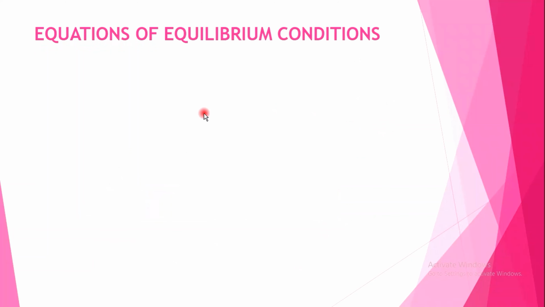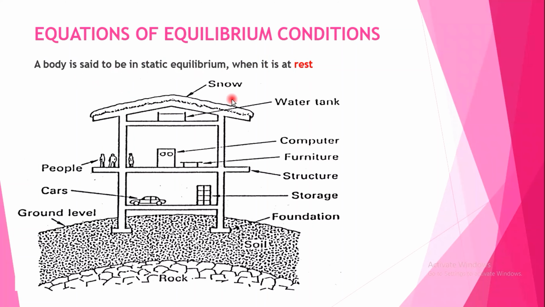We have already discussed that a body is said to be in static equilibrium when it is at rest. See this figure. The building is in rest condition because it is in static equilibrium. Then what about equations of equilibrium conditions? To understand that, just observe this figure. Here the building is subjected to loads in the form of snow or it may be a water tank.